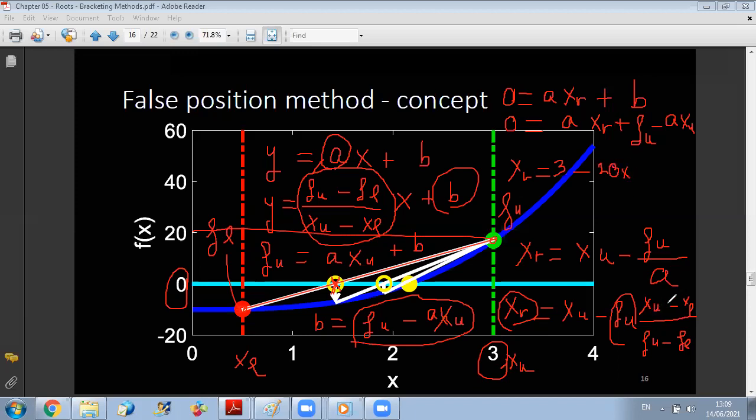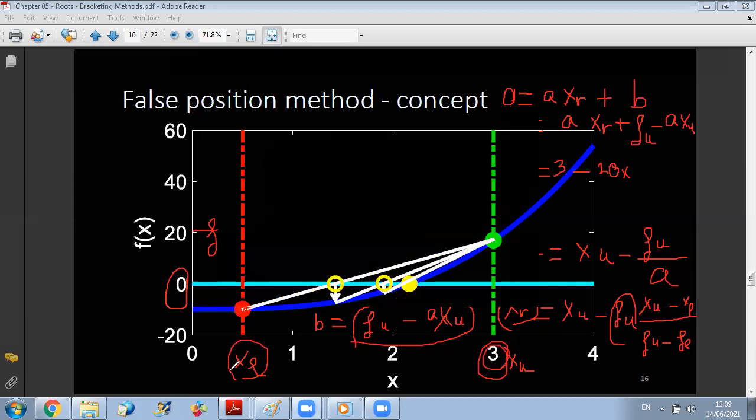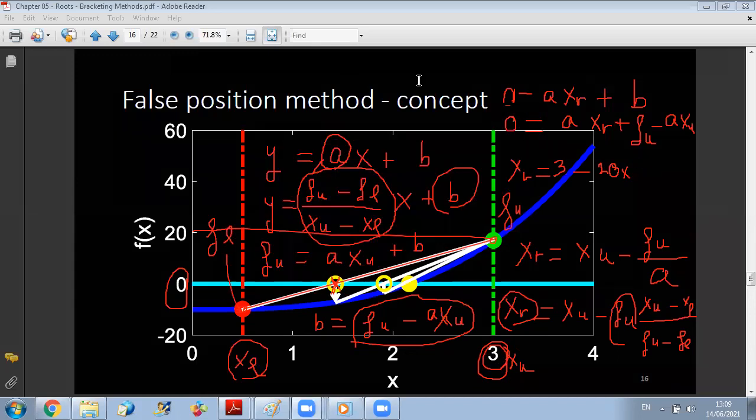Now I do x upper minus x lower. X upper is 3. X lower is 0.5. So I have to do times 3 minus 0.5 over f upper minus f lower.